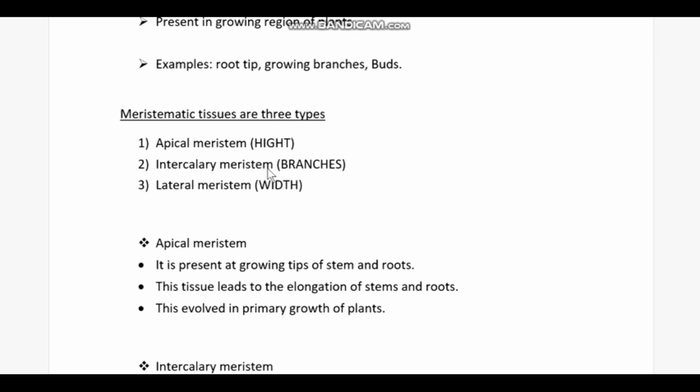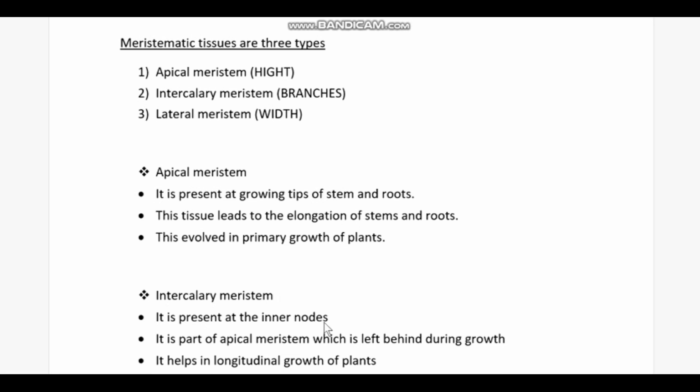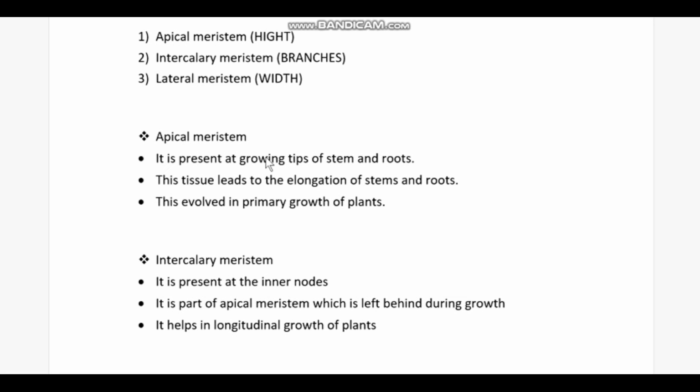Intercalary meristem is present in the inner nodes, meaning it helps in growing branches. Lateral meristem helps in the growth of the width of plants.